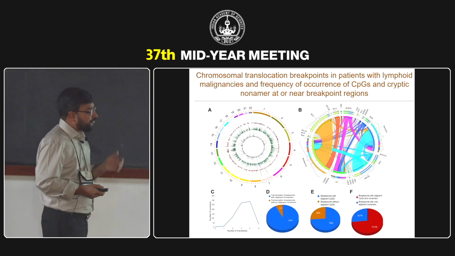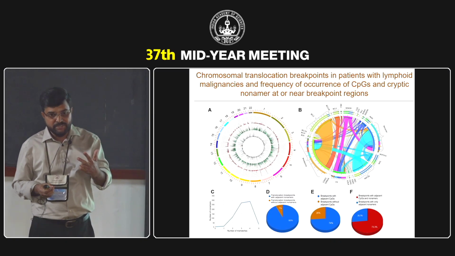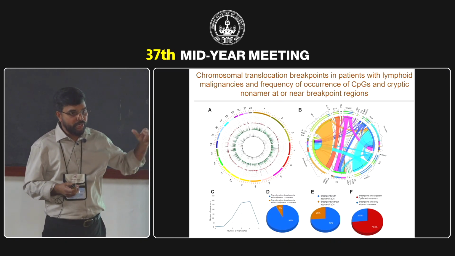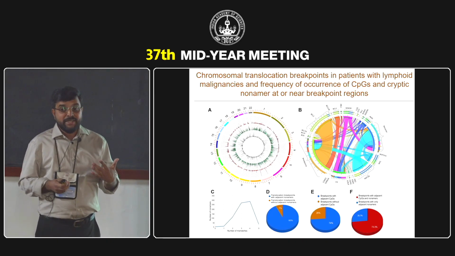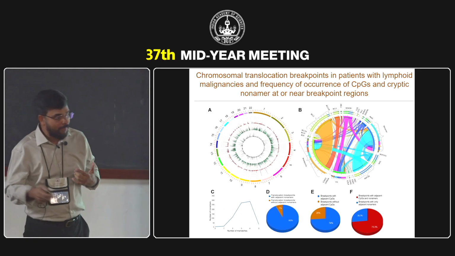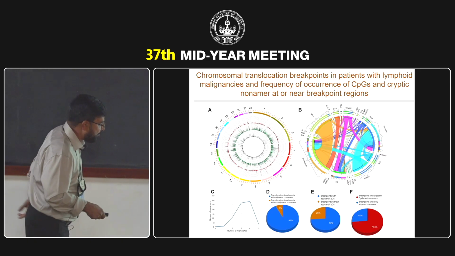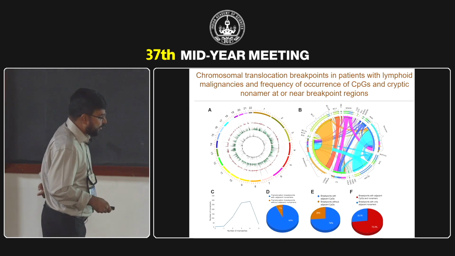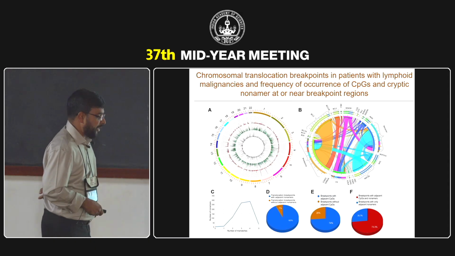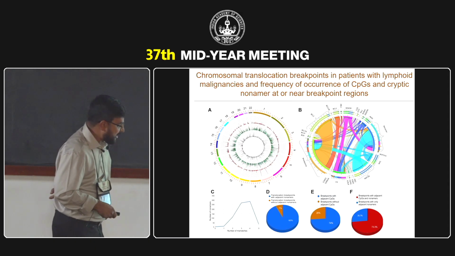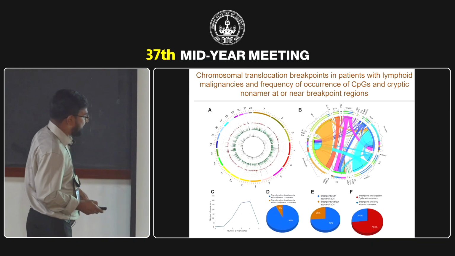So at this point, we asked the question, how often are such monomers, what we described before, present in the translocation breakpoint junctions in patient sequences. We analyzed more than 3,000 patient sequences and found that in about 93% of the cases you have monomers present at the patient breakpoint junctions, and in 74% of those cases you have a CpG right next to it.